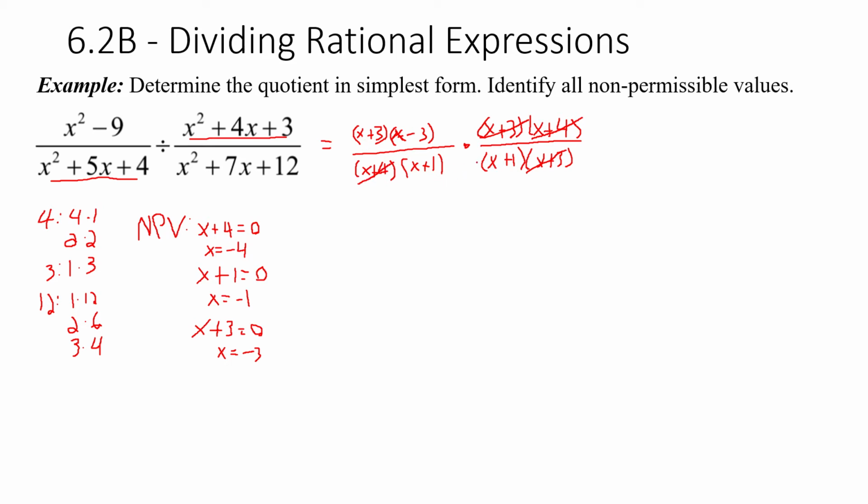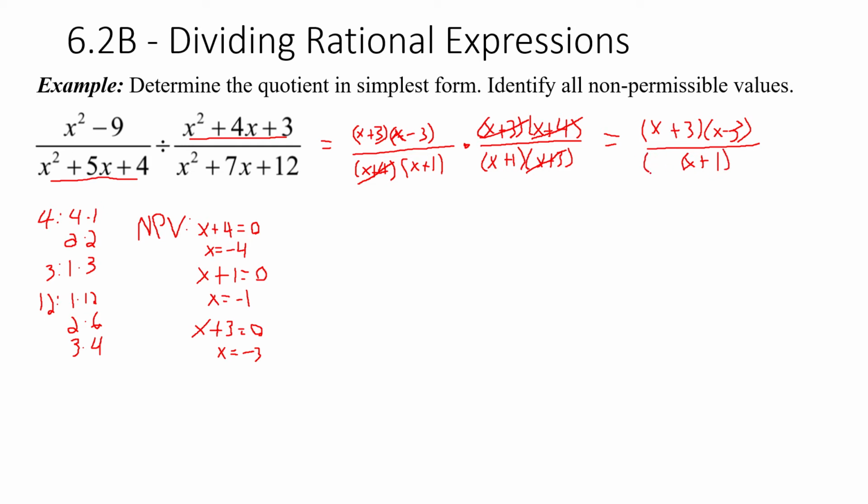And we have two x plus 1s and an x minus 3 left over. So there's nothing further we can do there. So x plus 3 times x minus 3 over x plus 1 for our final answer there. Oh, sorry, we have two x plus 1s.